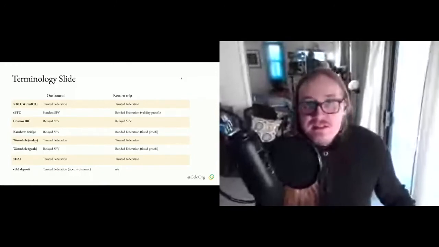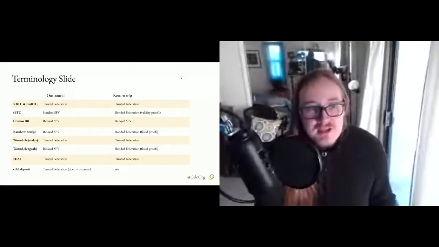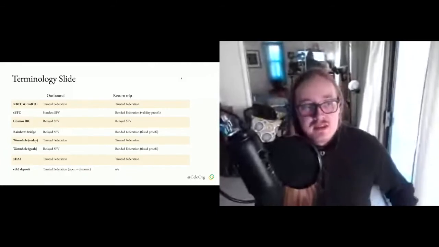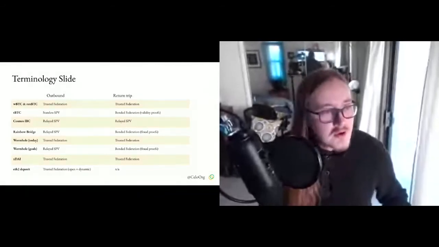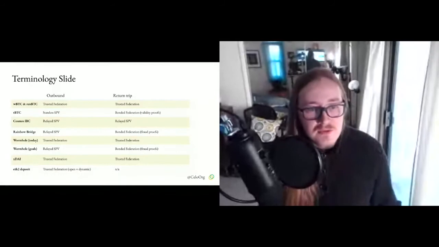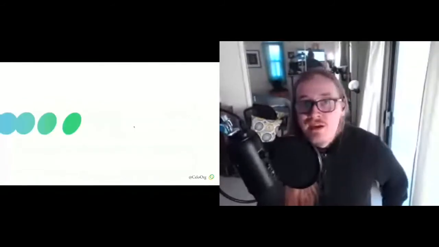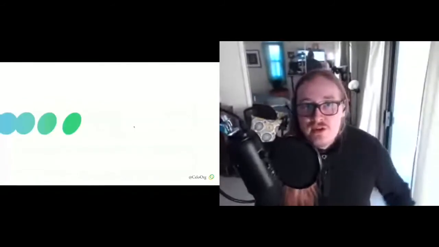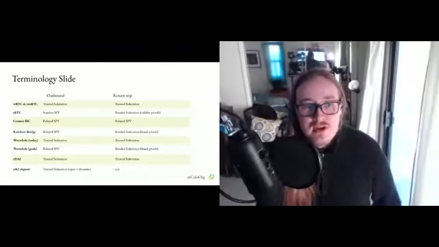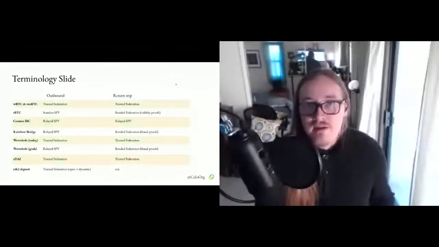Rainbow Bridge is Near's recent entry into this. It relays Ethereum onto... I have an error here. It should be relayed on both sides there. Rainbow Bridge relays Ethereum into Near and Near into Ethereum using optimistic fraud proofs.